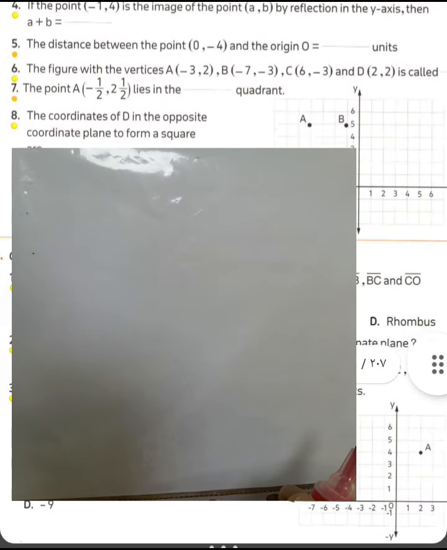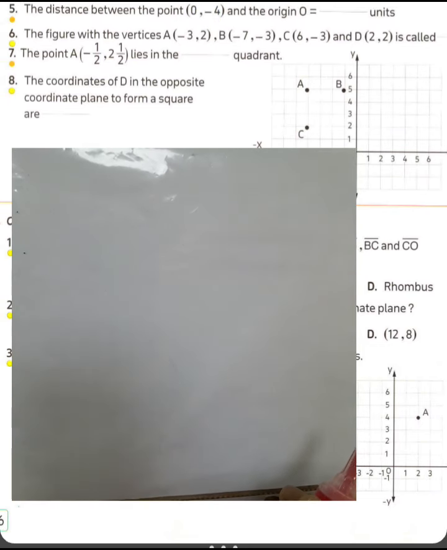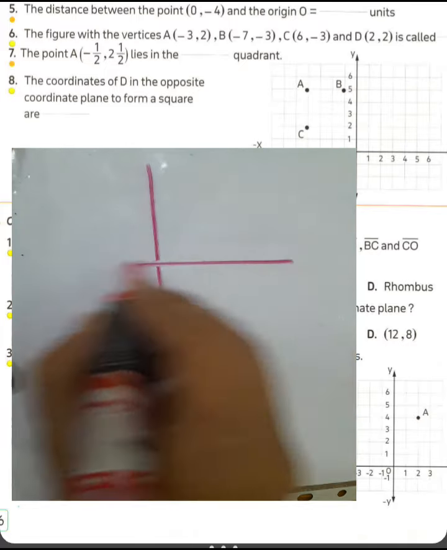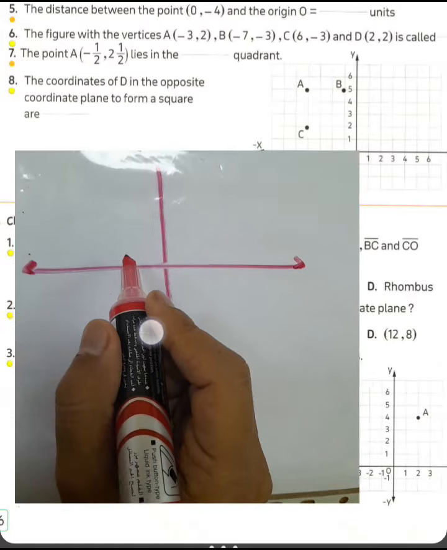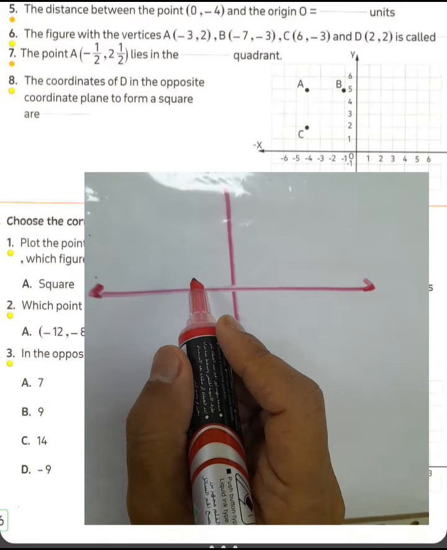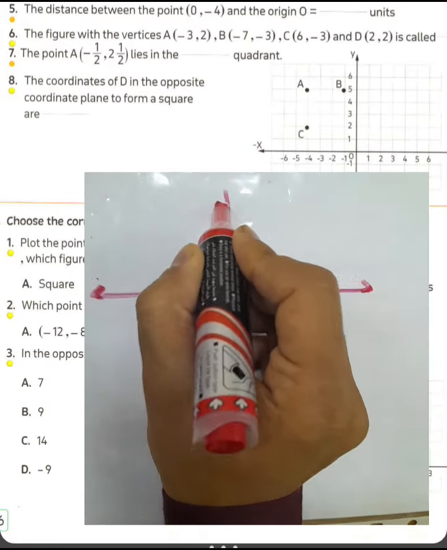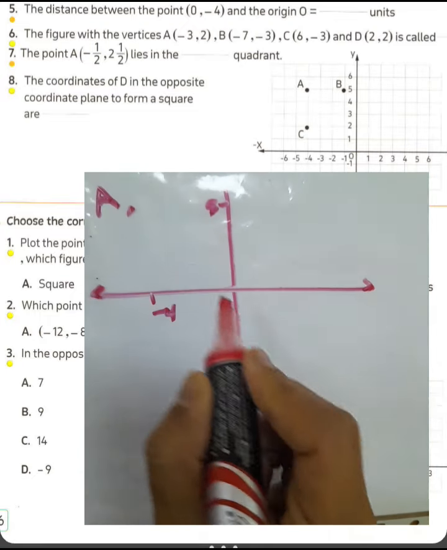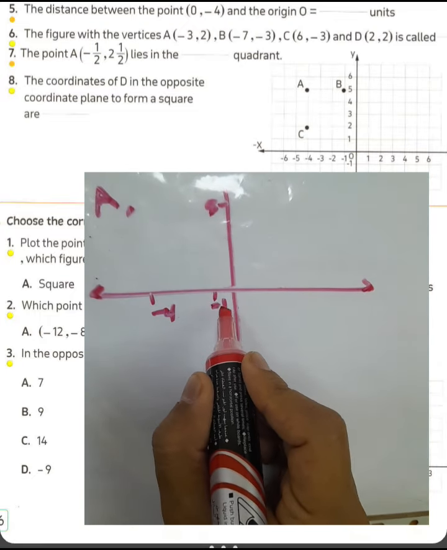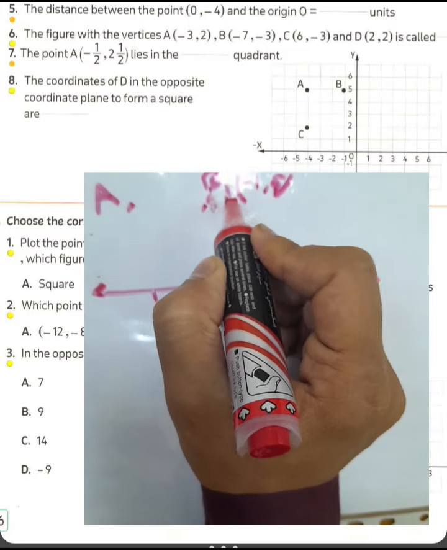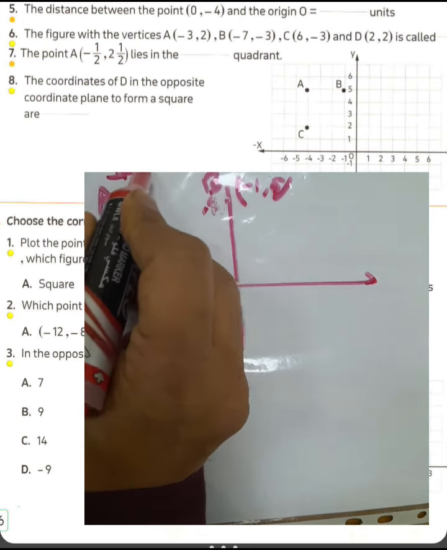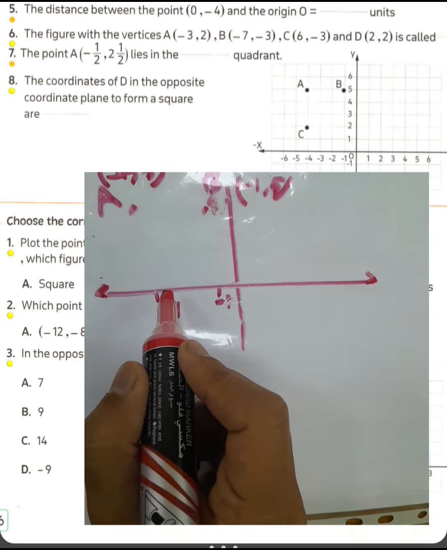Question number 8. The coordinates of these points, to get a square. We want to get a square. First point, the order of A was negative 4 and 5. Negative 4 and 5 was point A. Point B, negative 1 and 5. Negative 1 and 5, it was B. Point C was negative 4 and 2.